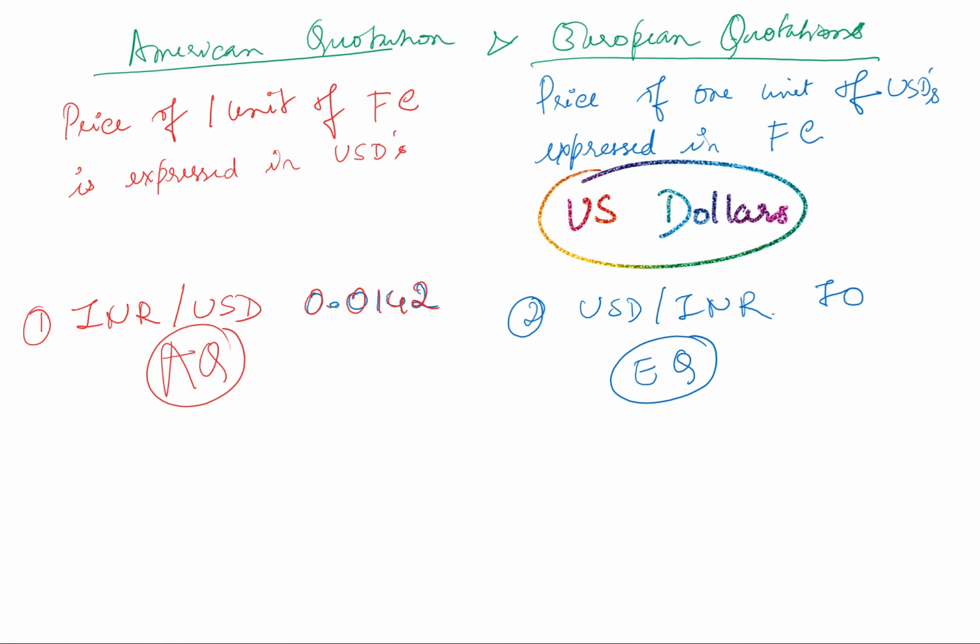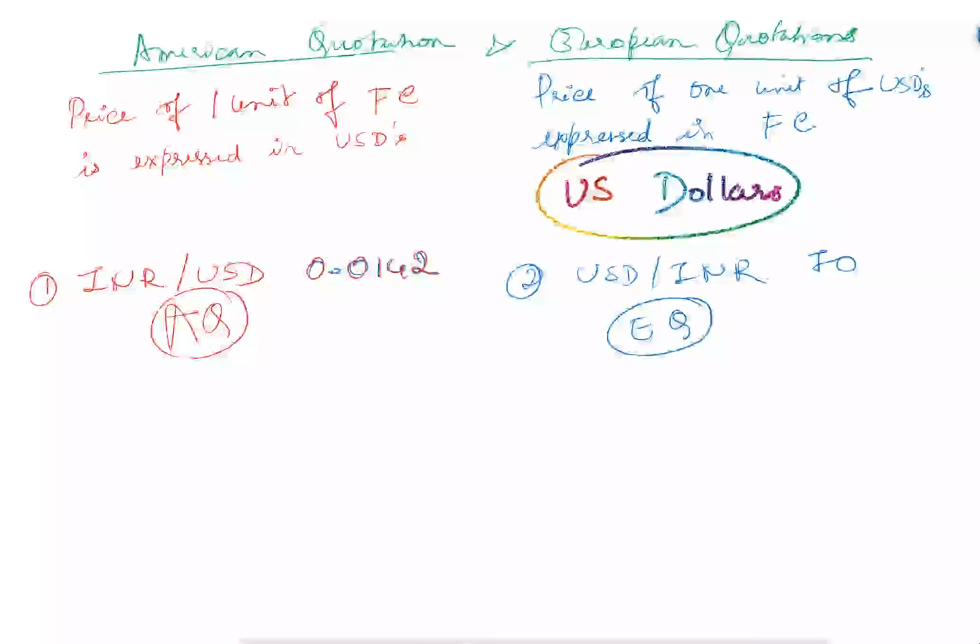Based on direct quote and indirect quote definitions, the quotes that I have written here: INR USD can be a direct quote for US, and USD INR can be an indirect quote for US. Similarly, INR USD, the first quotation, can be an indirect quote for India, and USD INR can be a direct quote for India.